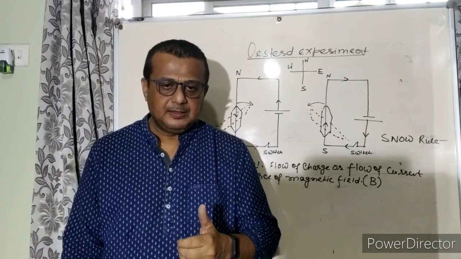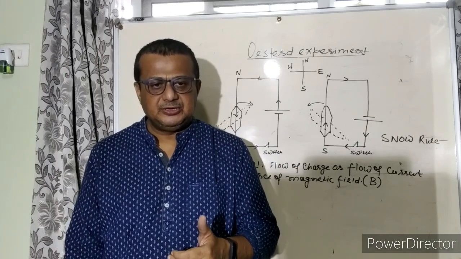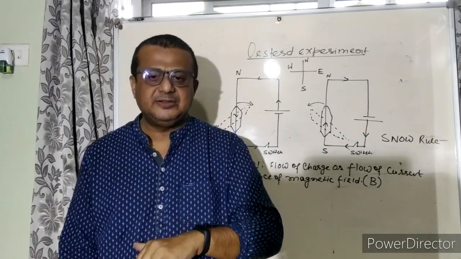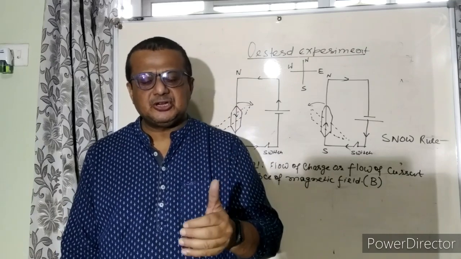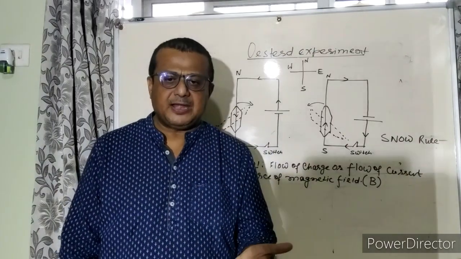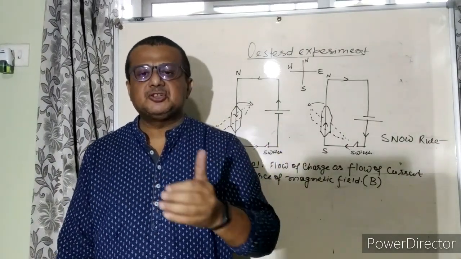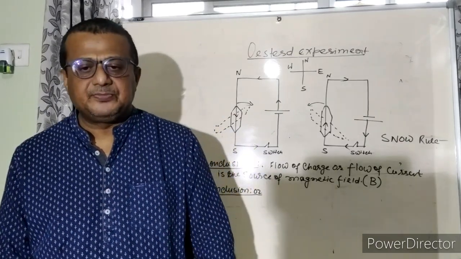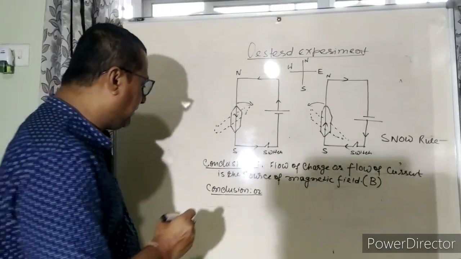So when direction of current changes, direction of magnetic field changes. It proves that magnetic field is a vector quantity.